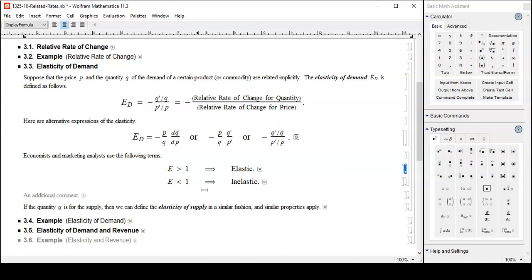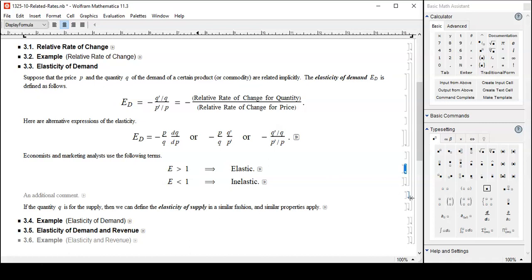Gas price, I said before, and food, the egg price is going up, milk price is going up. So you may have to cut down your consumption a little bit, but only to a certain amount. You still have to eat, and you still have to feed nutritious meals to your children. So those are inelastic. Elastic cases tend to be some luxury items, such as travel cost and those kinds of things, jewelry or whatever.